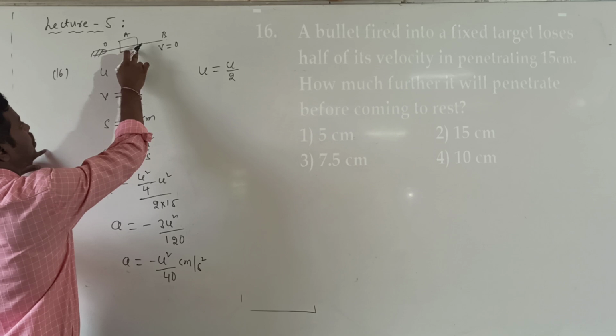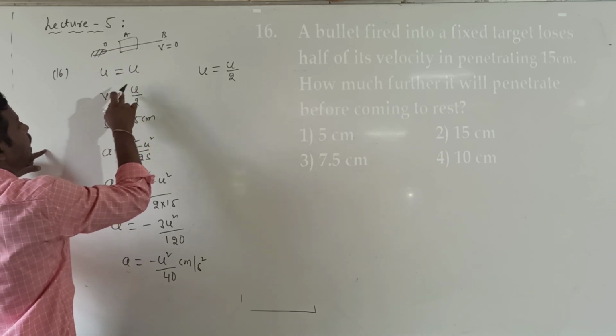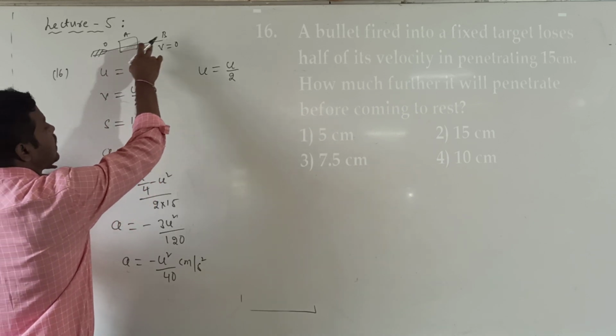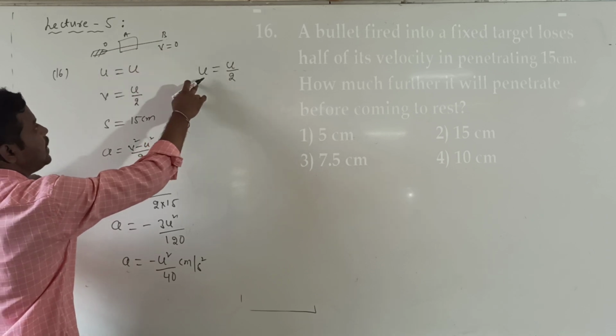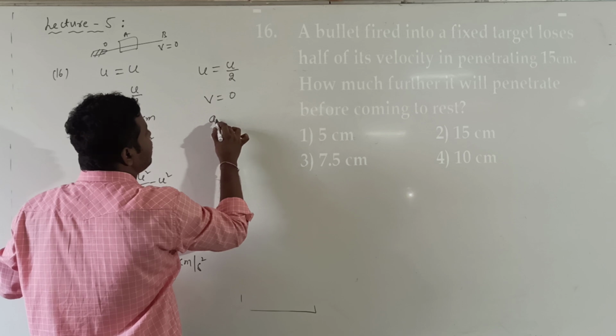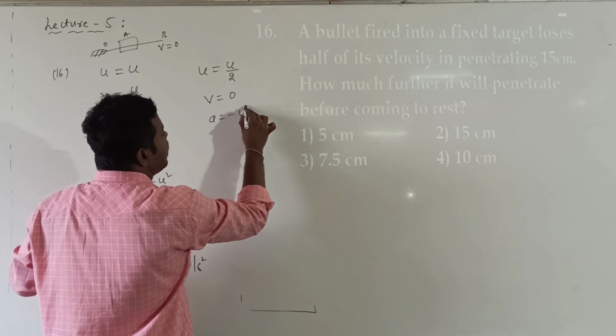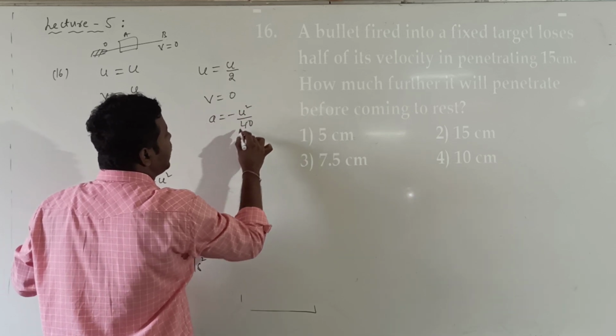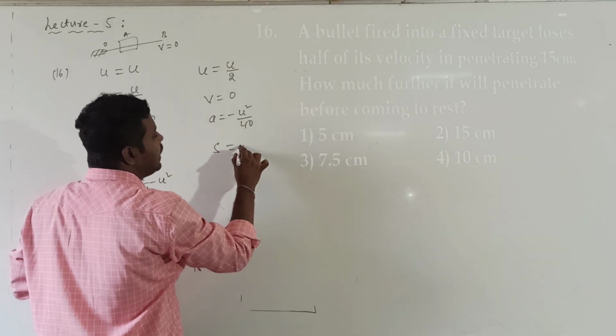Further journey from O to A, initial velocity u, final velocity u by 2. Further journey A to B, initial velocity u by 2, final velocity is 0, acceleration value minus u square divided by 40. So what I want to calculate? I want to calculate the distance.